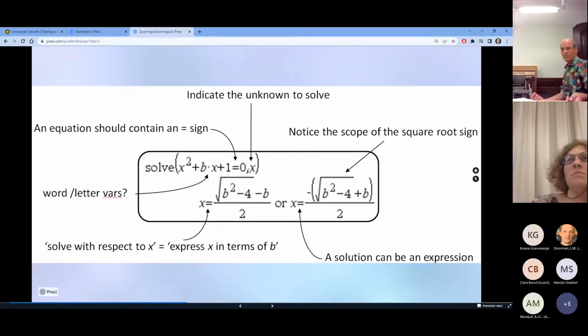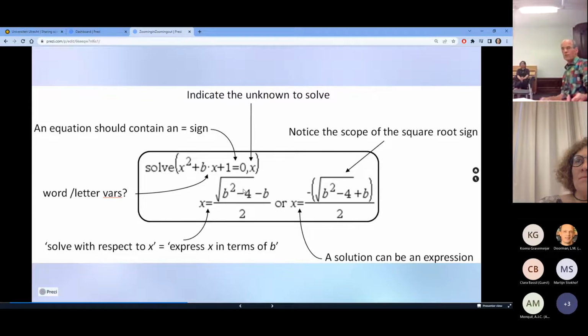For example, the need to be explicit on the variable with respect to which you solve was something students struggled with. And of course I can imagine, because so far they've only seen equations with one variable, so it goes without saying that that's what you're going to solve for. Also, the fact that a solution is no longer a number, but an algebraic expression.